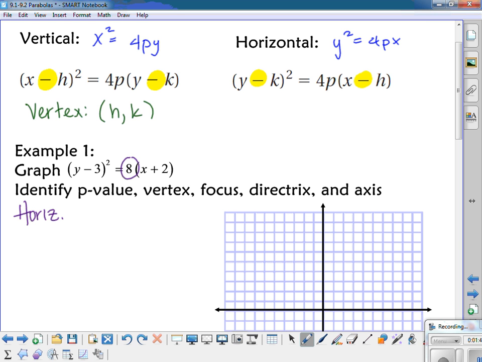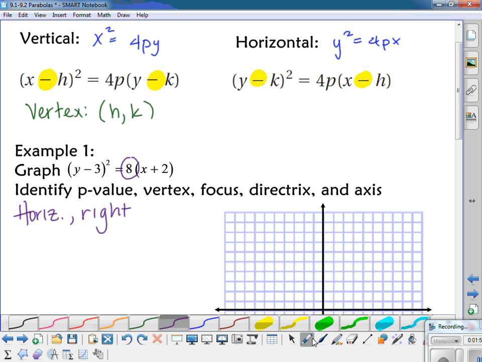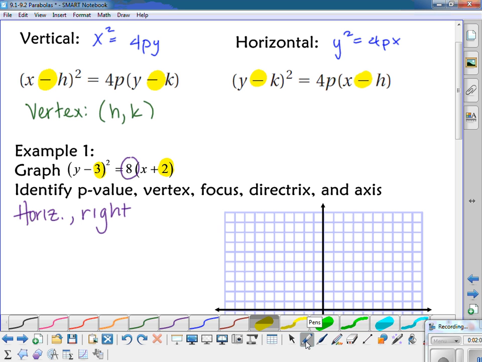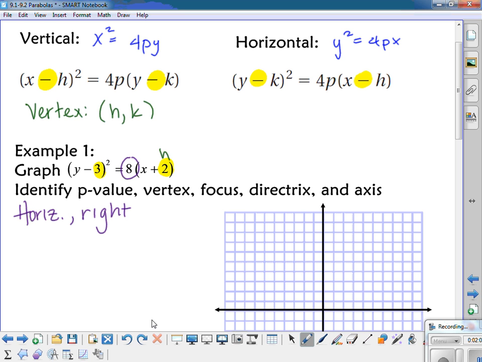So is this going to be going in the positive x direction or the negative x direction? It's positive, so it's going in the positive direction. So it would be going to the right. And if I look at my equation, my h is actually with the x, and the k is over here. So my vertex would be at (-2, 3).